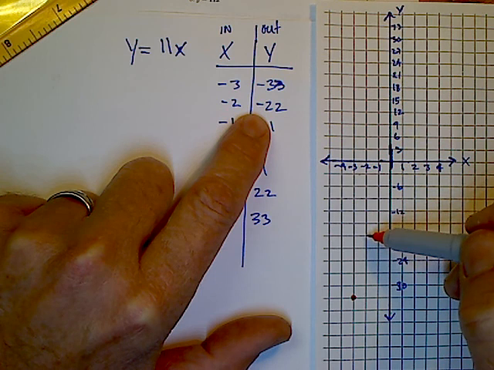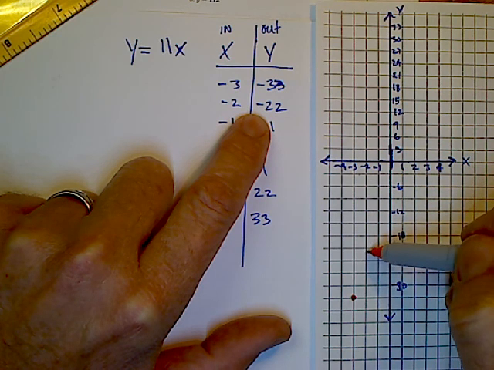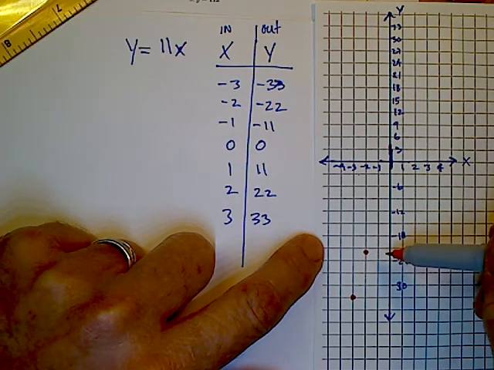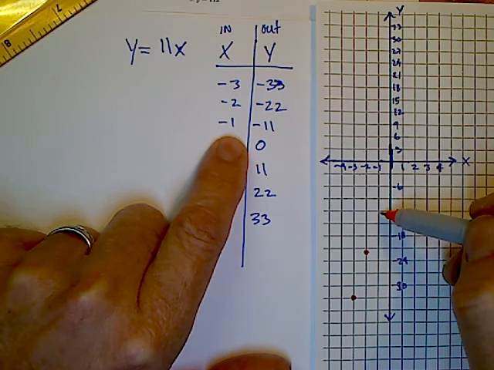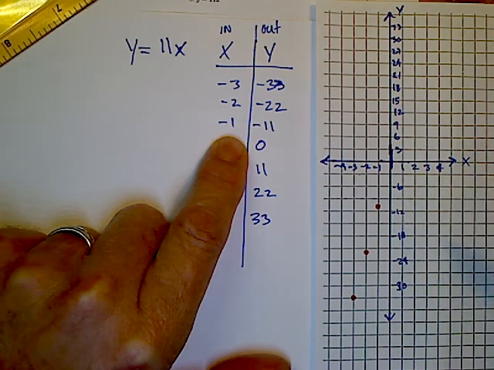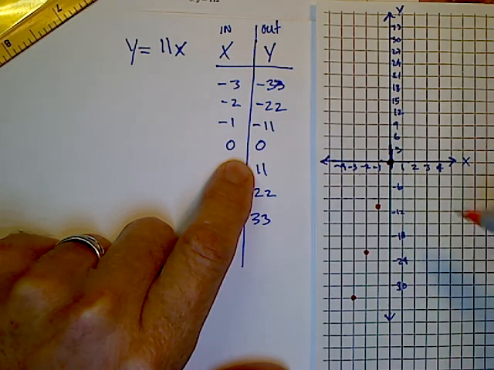If that's -18, that was -21, so one more past that, a third. Then -1, -11. That's -12 here, so -11 would be right above it. And 0, 0 is my center, my origin.